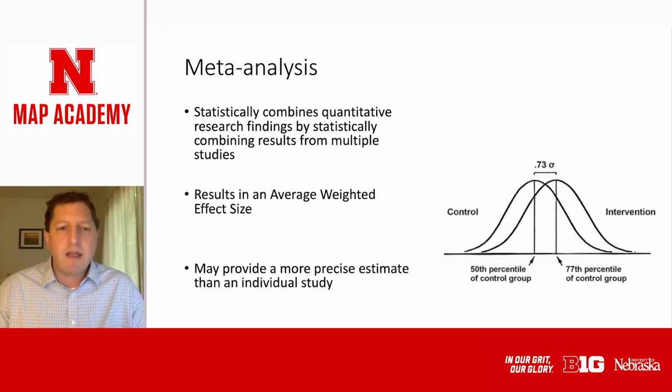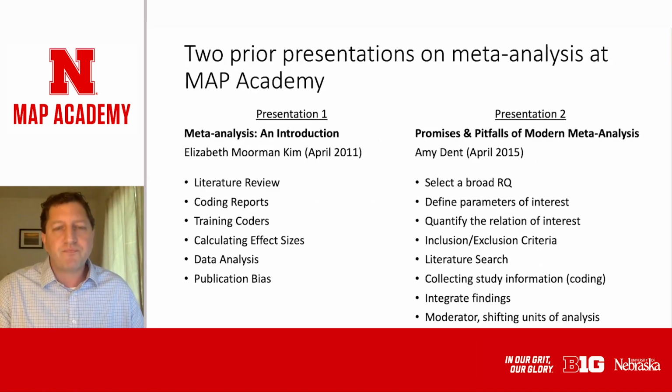These meta-analyses may provide a more precise estimate than an individual study. I would say on par, that's true. There may be an occasional individual study that nails it and has a very close estimate of the actual true effect. But we don't know that, and so a meta-analysis can provide a better, more precise estimate for us in a lot of cases.